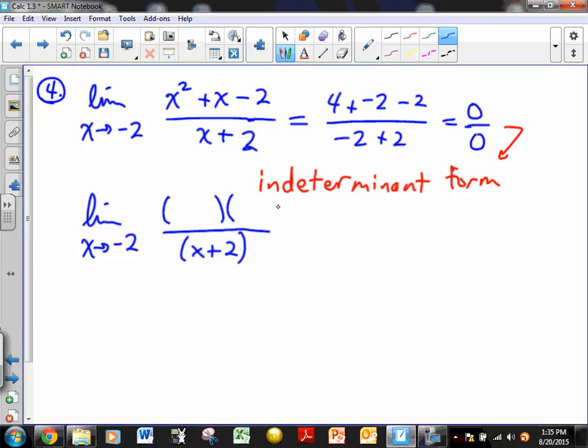This is where having strong algebra skills and being able to factor quickly comes in handy. My leading coefficient here is 1, so I don't need to worry about a box or any sort of factor by grouping or any of that. I can hop straight to here. Factors of -2 that add up to 1, well, they're going to be a positive 2 and a -1.